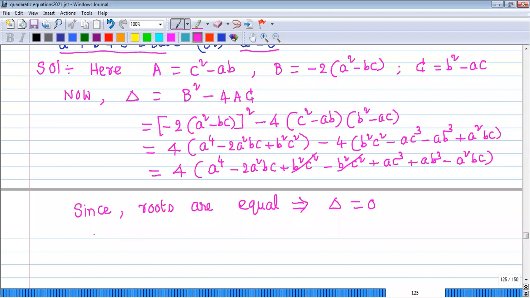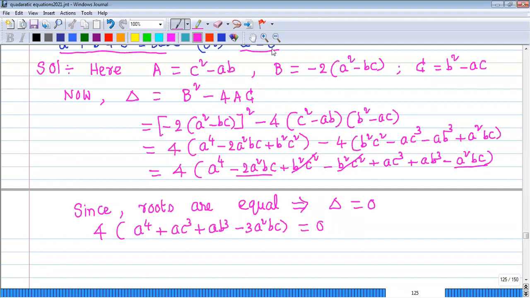That means 4 times a power 4 plus ac cube plus ab cube minus 2a square bc minus a square bc, that is minus 3a square bc, equal to 0.